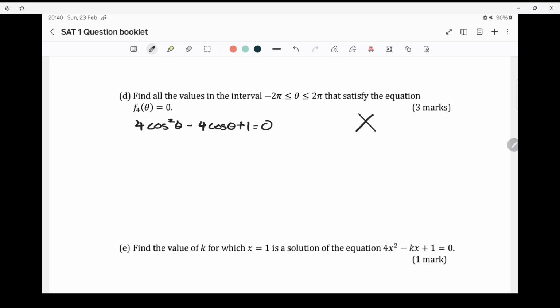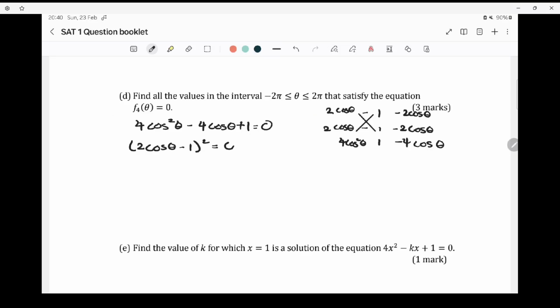So if you factorize it, you have minus 2 cos theta, minus 2 cos theta. So in the end you have (2 cos theta minus 1) squared equals 0, or cos theta equals 1 over 2. So take note of the interval that you need to solve this.